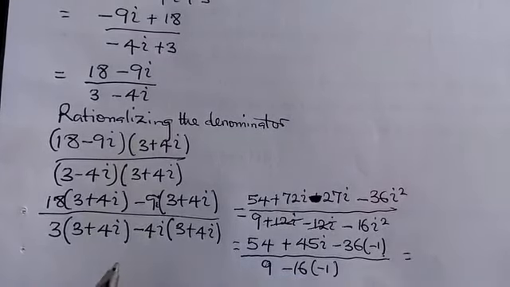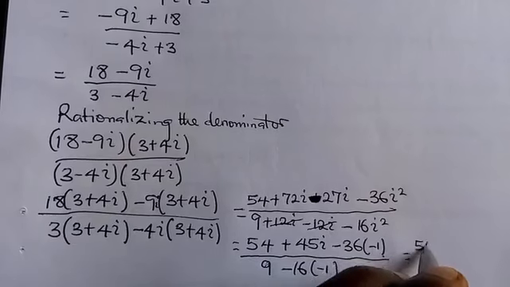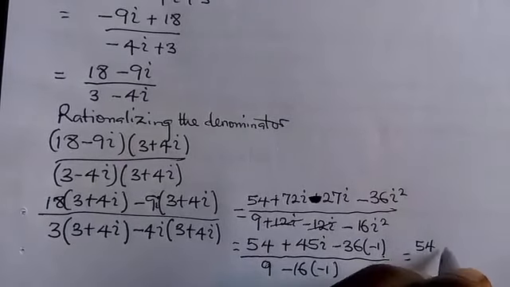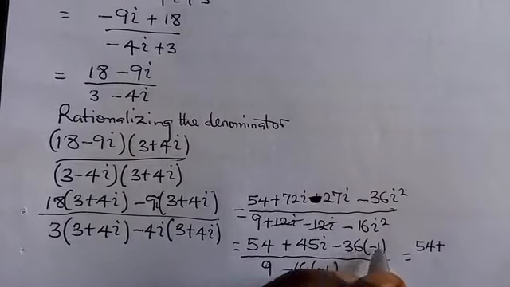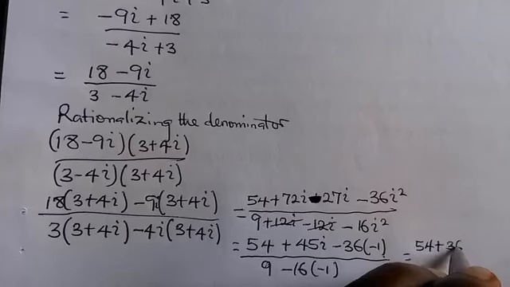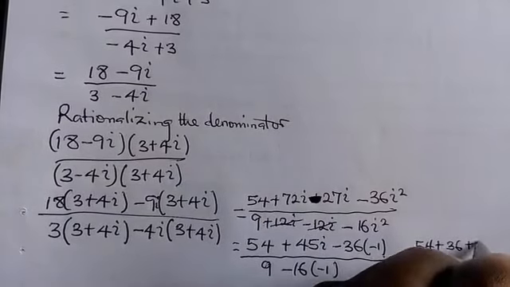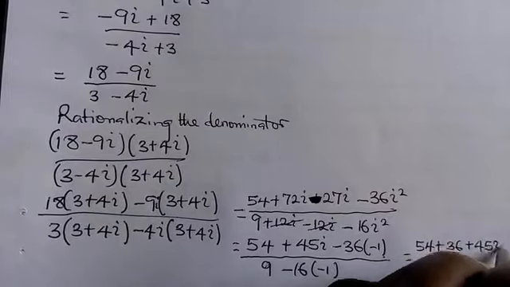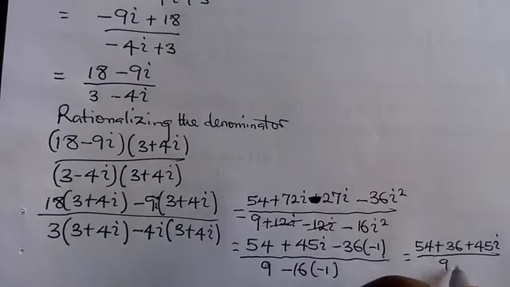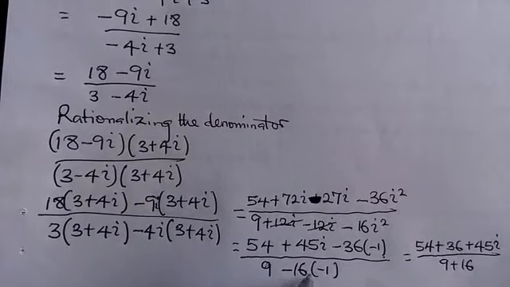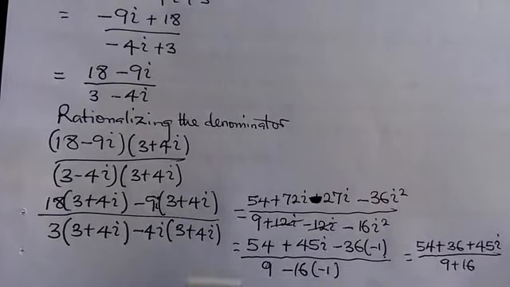And this is equal to 54 plus, that is minus 36 times minus 1 is plus 36, plus 45i, divide by 9 plus 16, that is minus 16 times minus 1, we have plus 16.